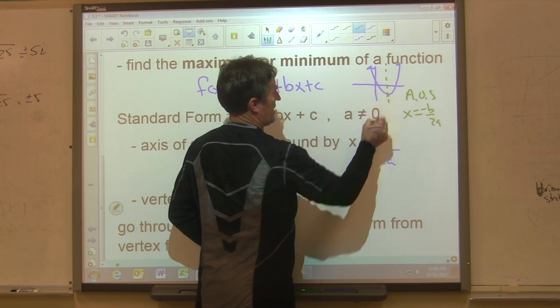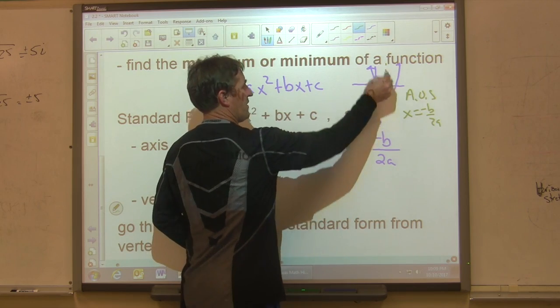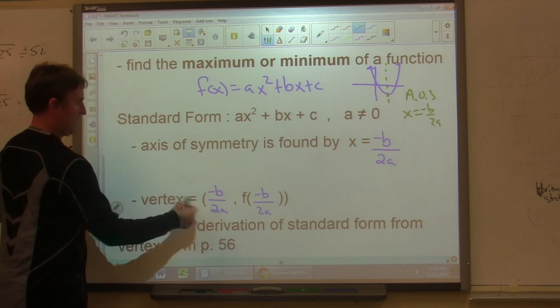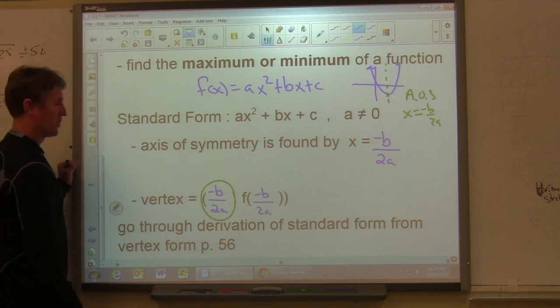Well, this vertex here, the x value of that is whatever that axis of symmetry is. So that's why the vertex is this negative b over 2a.